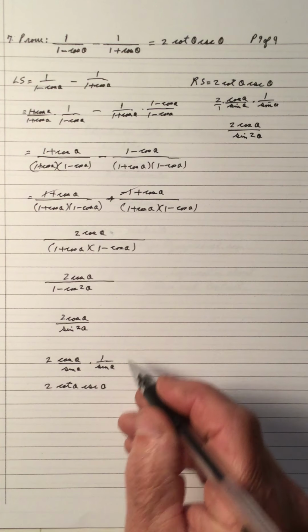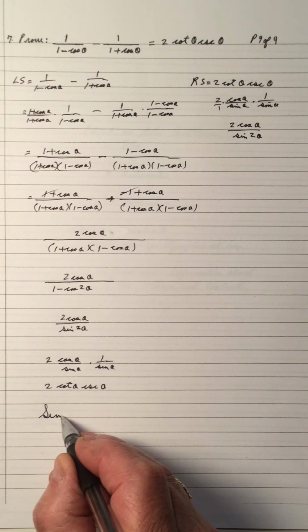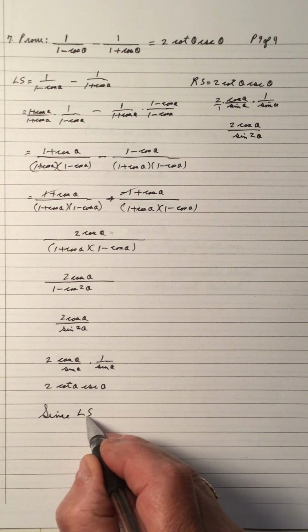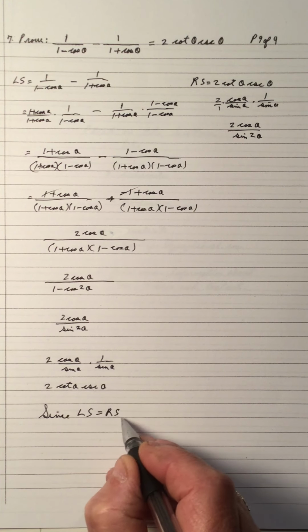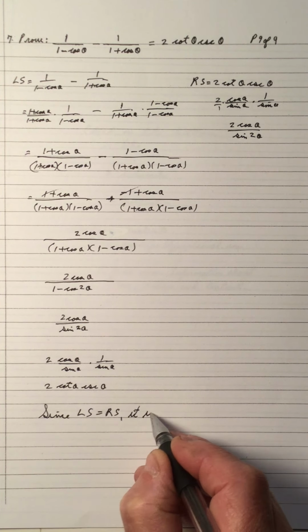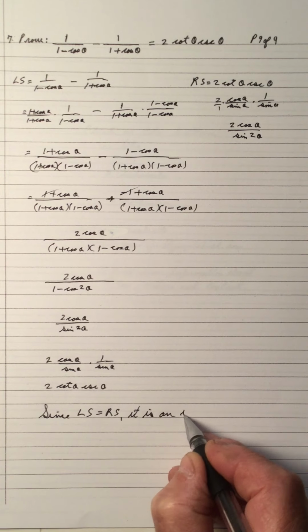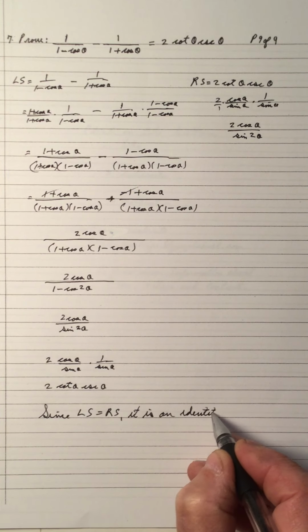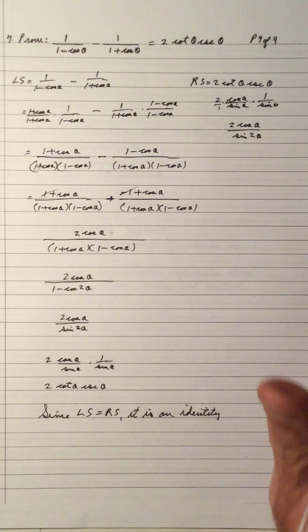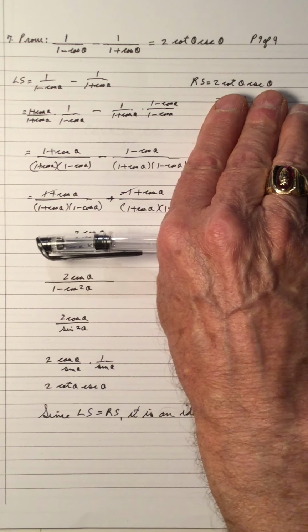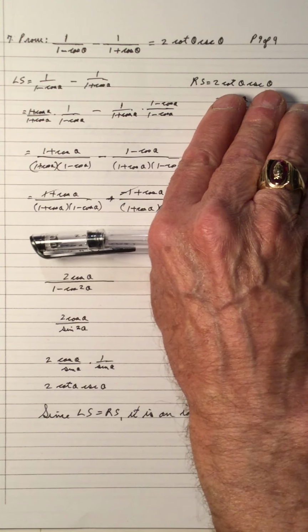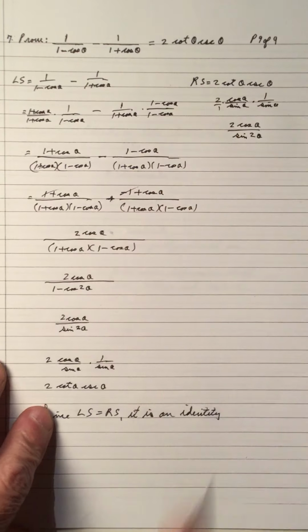And so there it is. Since the left side equals the right side, it is an identity. And again, this is what was underneath my fingers, on a sheet of scrap paper that nobody sees.